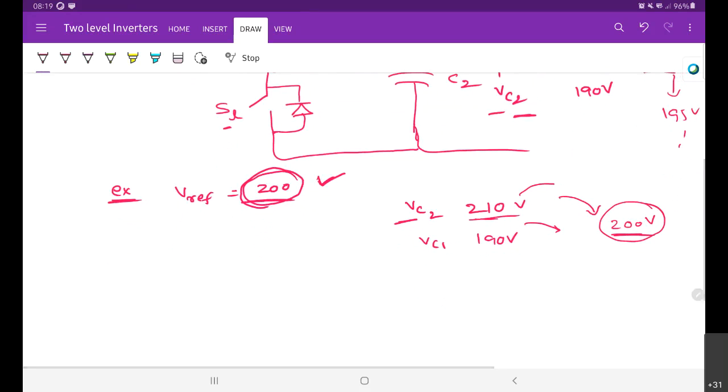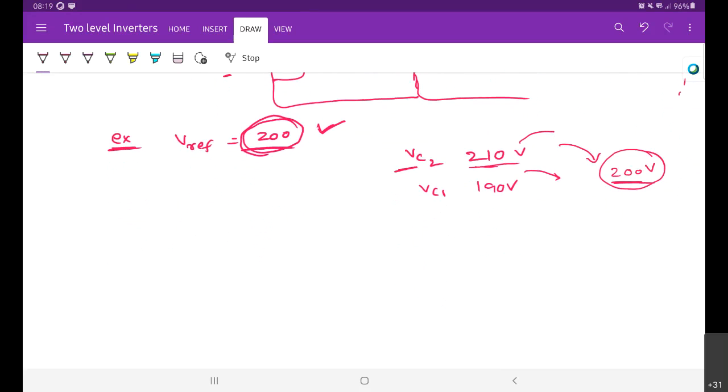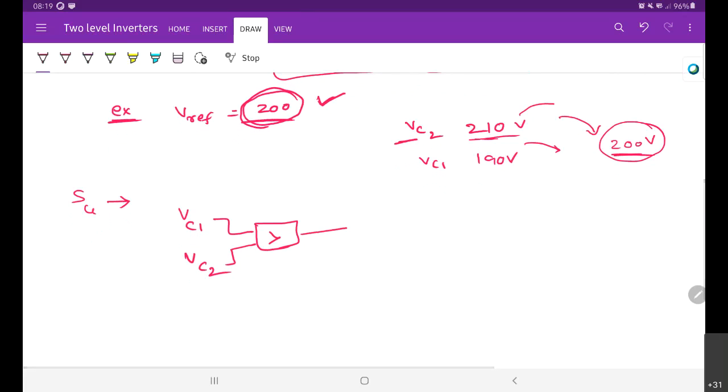Now let us try to design the switching sequence. We have VC1 and this is VC2. Now we are designing the switching for the upper switch. When VC1 is greater than VC2, that is one constraint, and we need to turn on the switch.